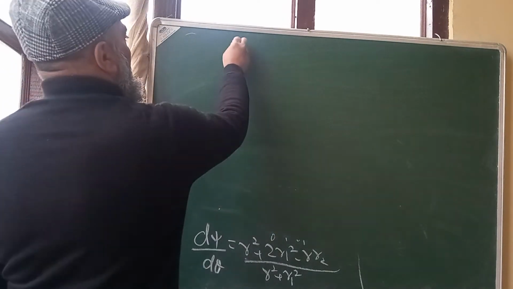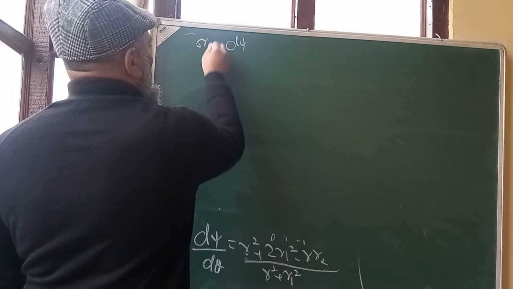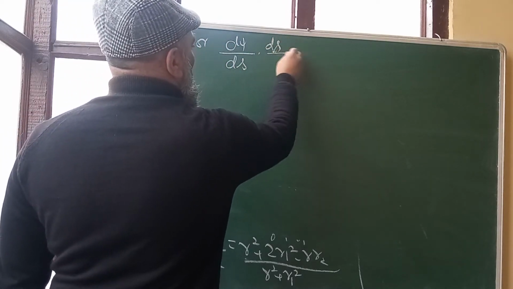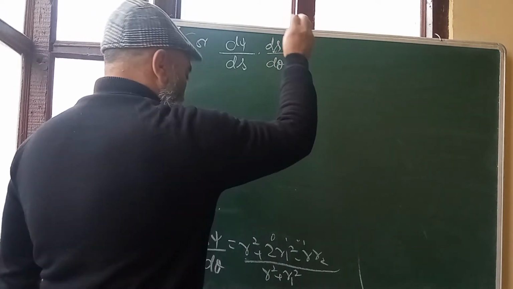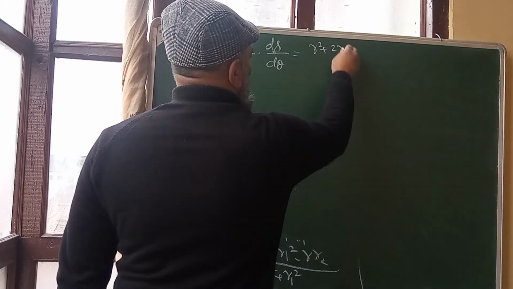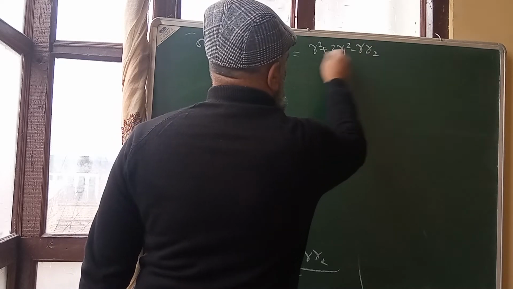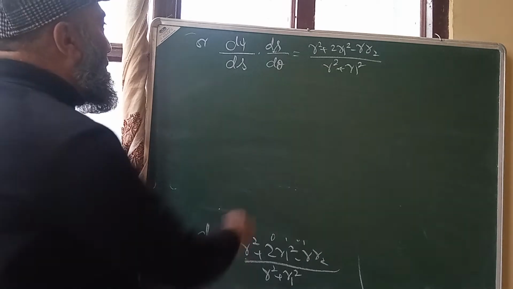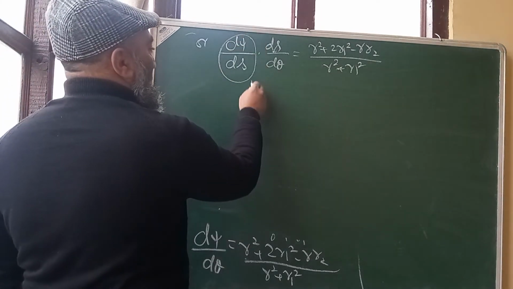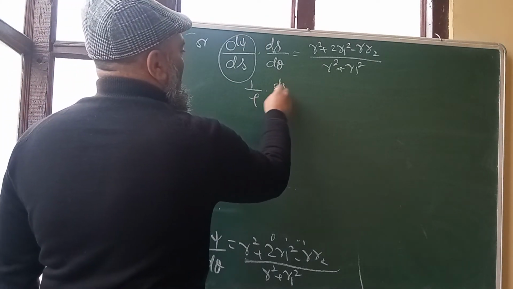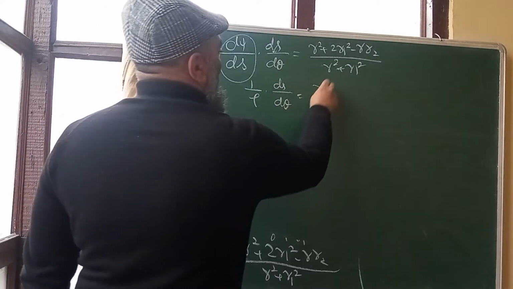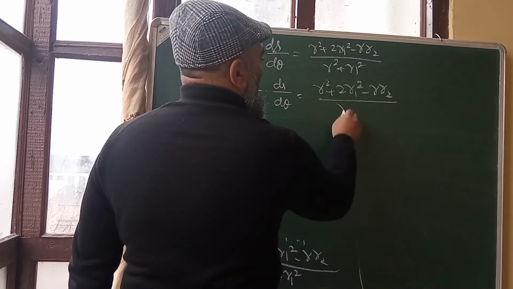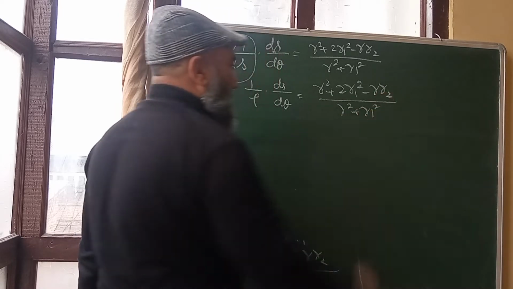I can write it as d psi by ds times ds by d theta, which equals (r squared plus twice r1 squared minus r r2) over (r squared plus r1 squared). Now what is d psi by ds? It is again 1 by rho. So 1 by rho times ds by d theta equals (r squared plus twice r1 squared minus r r2) over (r squared plus r1 squared).